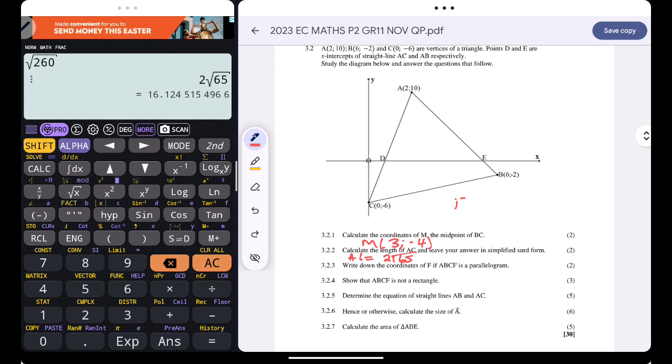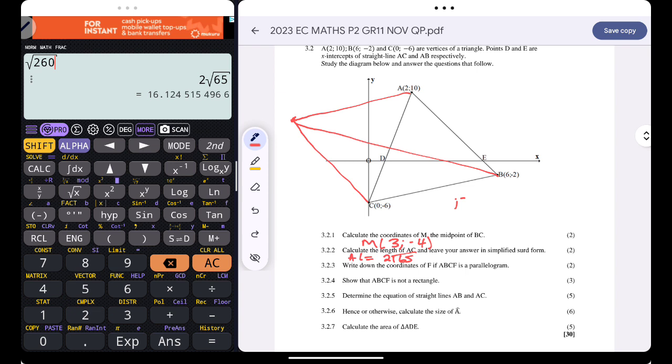If A, B, C, that means F is somewhere here. Are we together? Such that I'll have a line like this and this. And I'll have a situation like that.